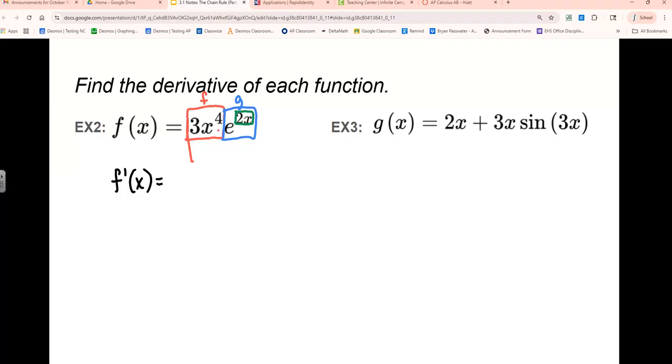So I would do f of x, which is 3x to the fourth, times the derivative of g. Here's where the chain rule comes in. The derivative of e to something is e to that stuff, but that stuff is our 2x. What else have I got to do for the chain rule? Times 2.